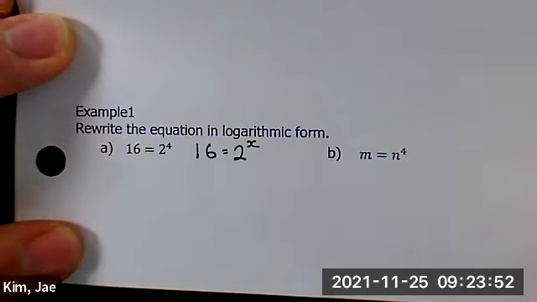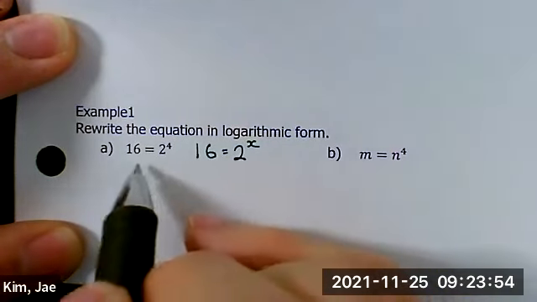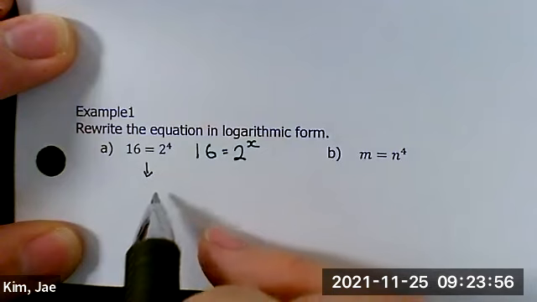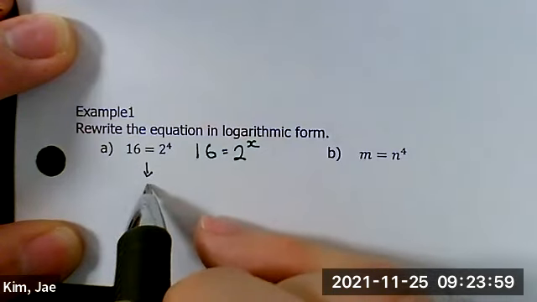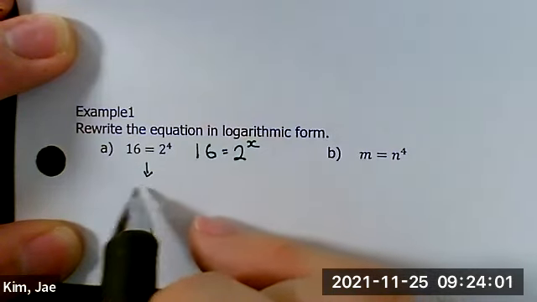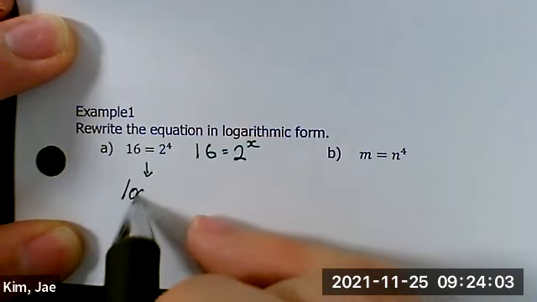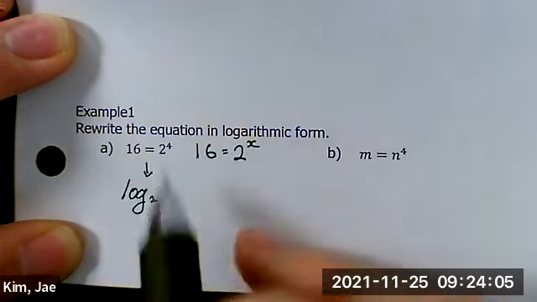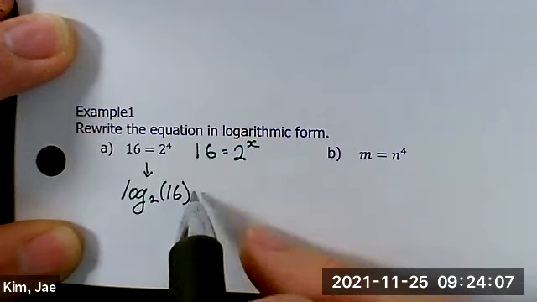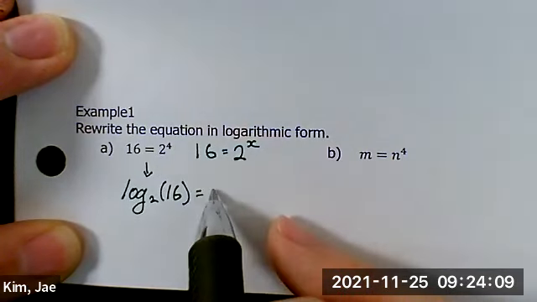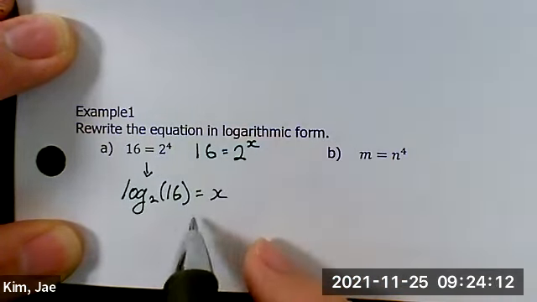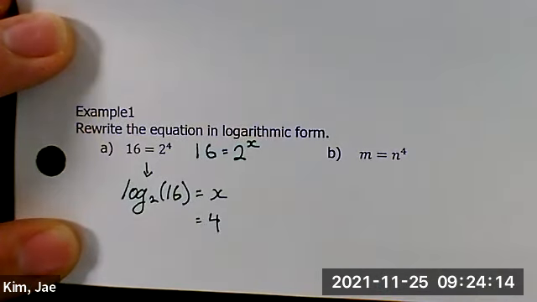So what you're going to try to do is do this. Well, this can be rewritten as log of base 2 of the answer will give me my exponent, which is 4.